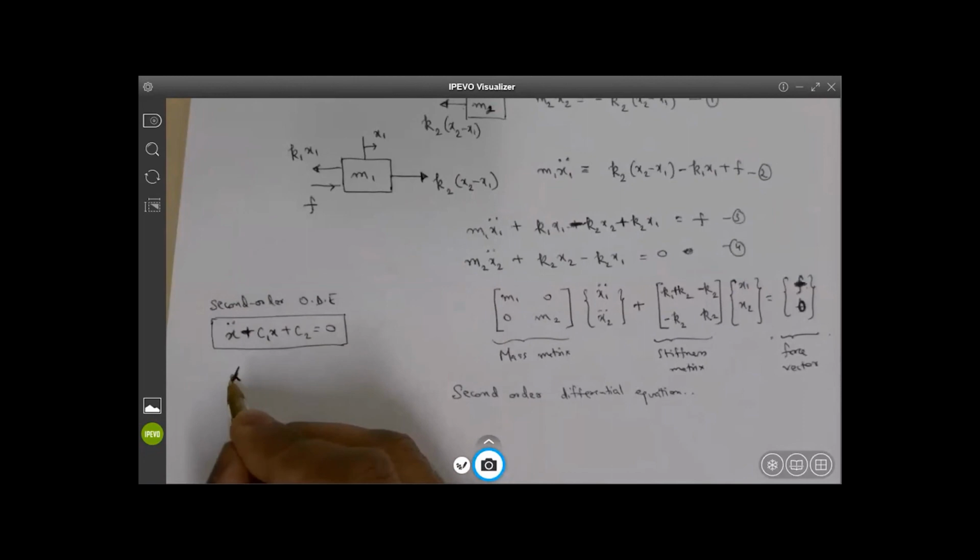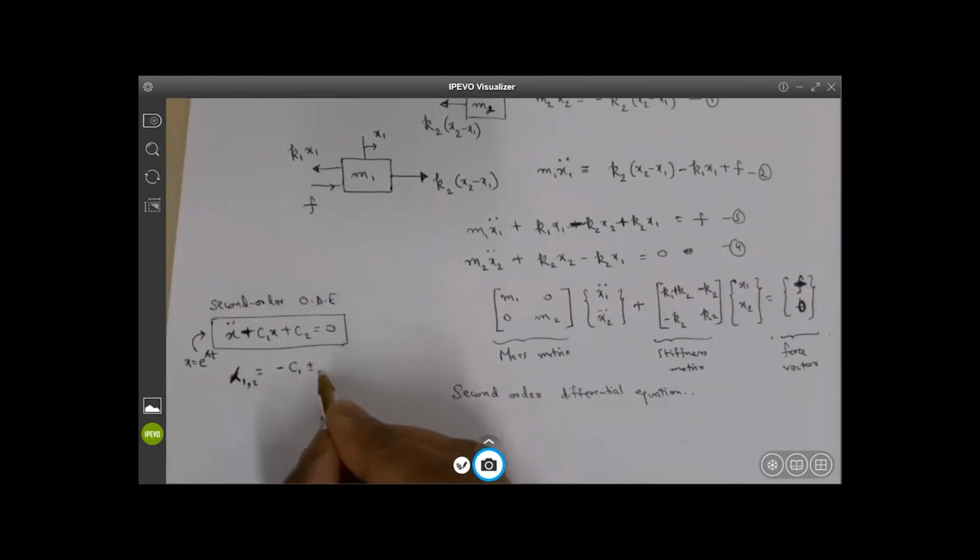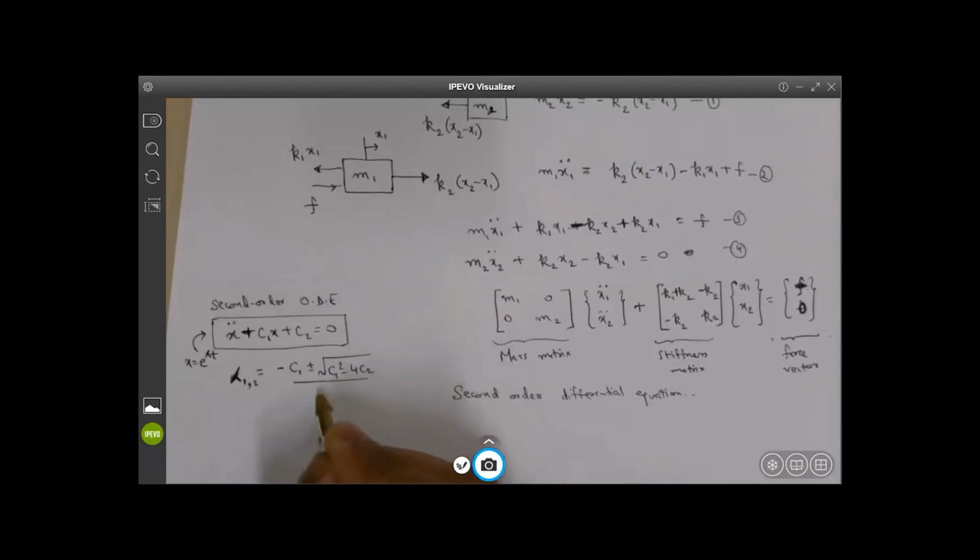These are not eigenvalues here; it is just like substituting x equals e to the lambda t as a solution in this equation. You will end up with two roots of lambda, which will be minus b plus minus square root of b squared minus 4ac, divided by 2.